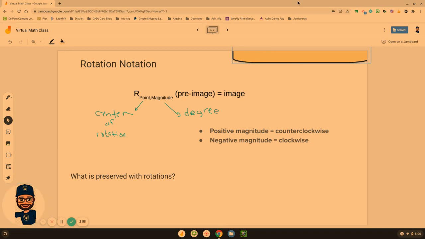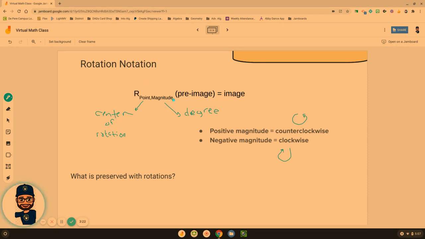Positive degrees of rotation actually mean to rotate the image counterclockwise, whereas a negative magnitude means to move it clockwise. So if we have a positive degree measure, we're going that way with the shape. If we have a negative degree measure, we'd be going that way with our shape.